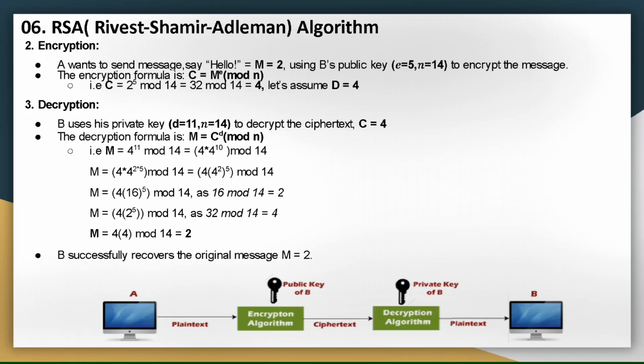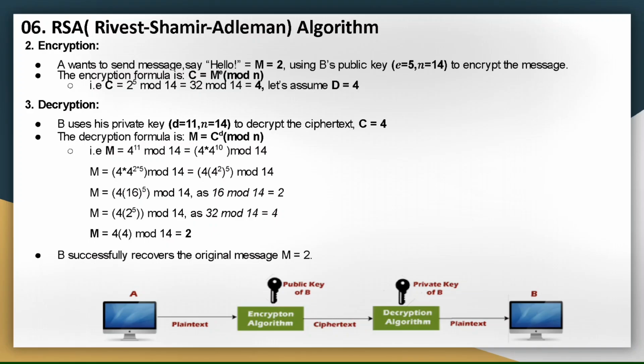We have to find the message, so we are decrypting the message, and c is here 4. Bob has received the c value, which is the ciphertext. So we have to decrypt the message.